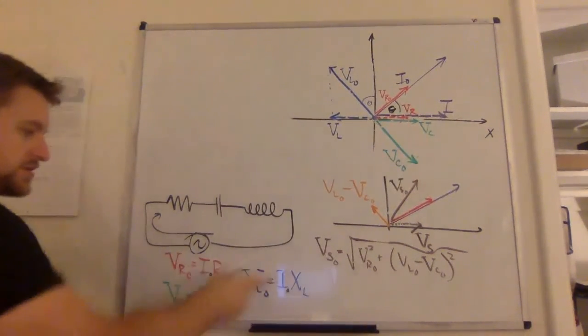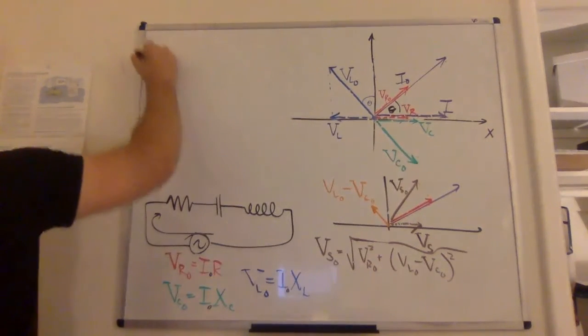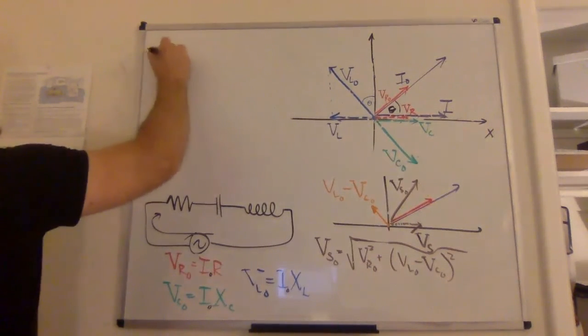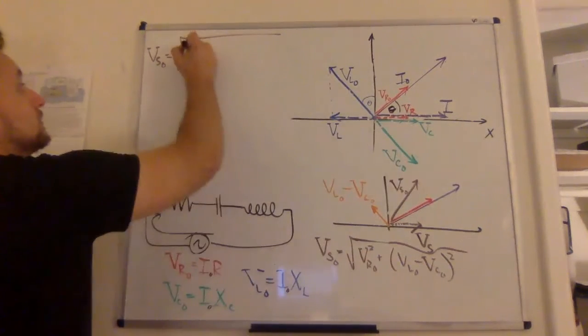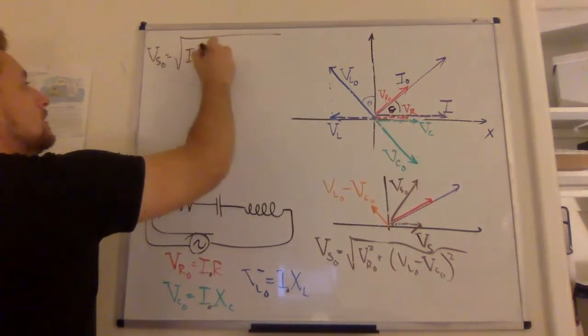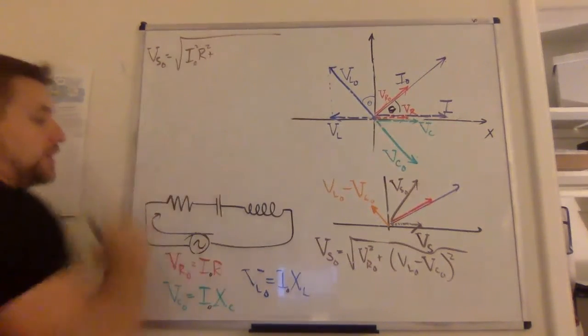Let's plug in the expressions we know. VR0 is just I0 R squared.